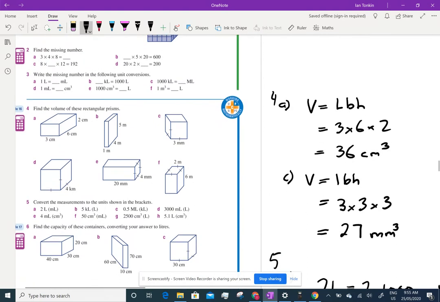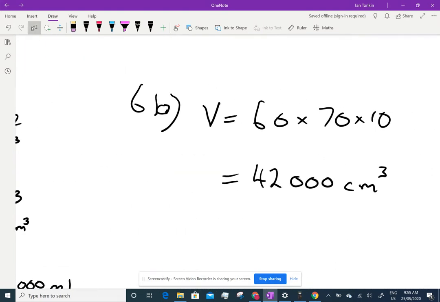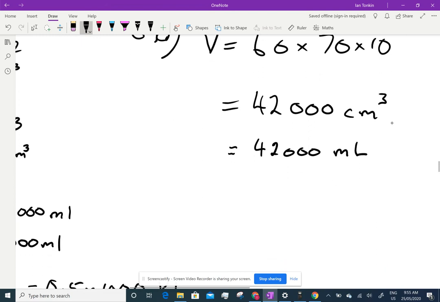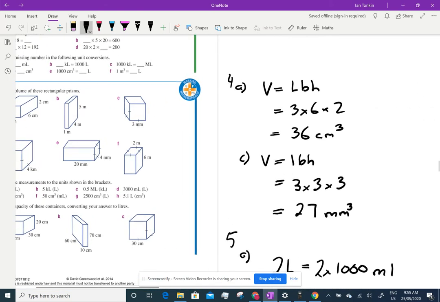So I'm going to go back. 42,000 centimetres cubed, well, that's 42,000 mils. And to go back, remember I divide by 1,000, which is 42,000 divided by 1,000. Now you can do it on your calculator, but smart people are going, oh, that's 42 litres. And that's 6B.